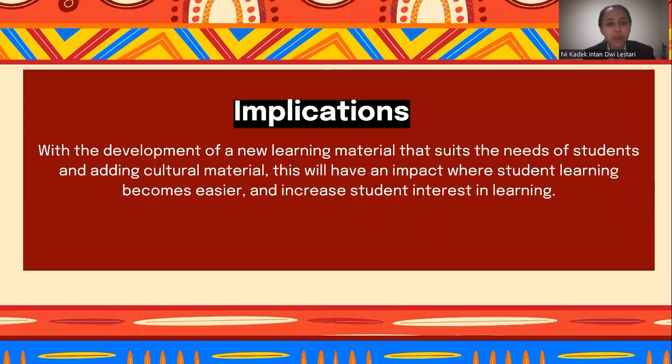With the development of a new learning material that suits the needs of students and adds cultural material, students' learning becomes easier and their interest in learning increases. And with the new learning material, students become more enthusiastic and more motivated to learn English, even though they are majoring in Hinduism, because there are many various new activities in the material.